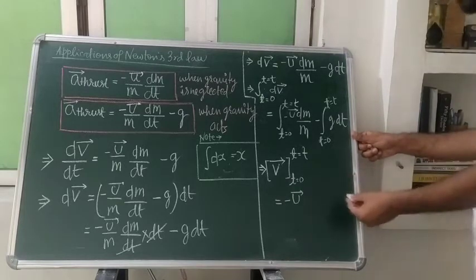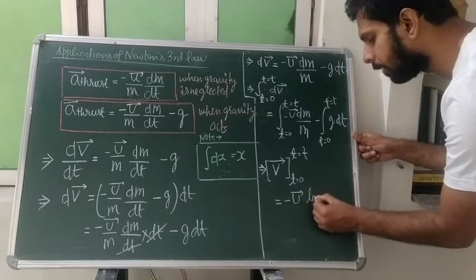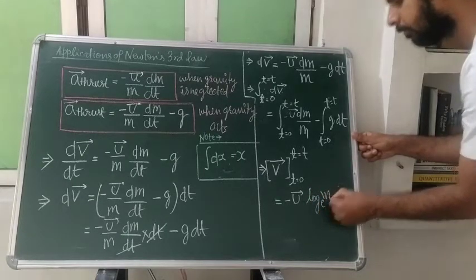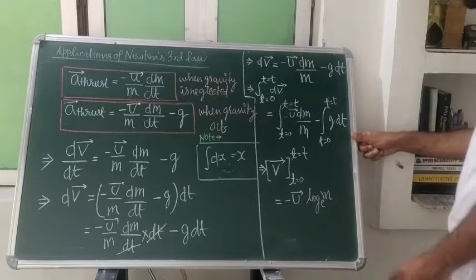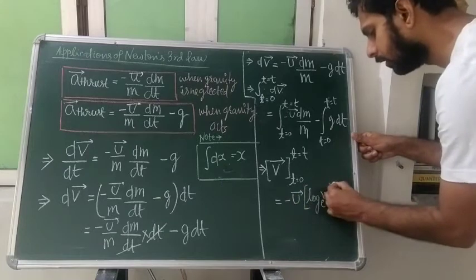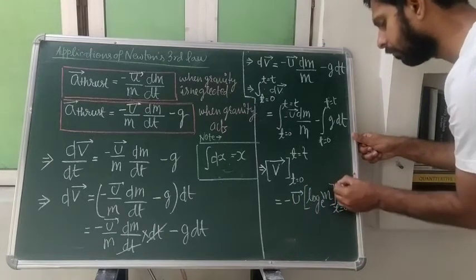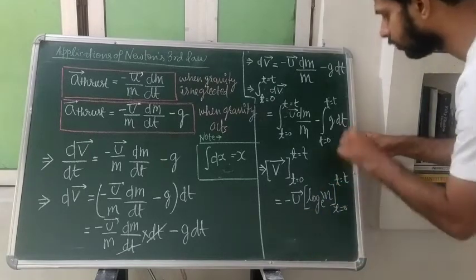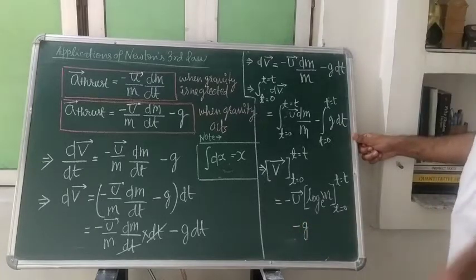And student, this dM upon M will become log base e of M, log base e M from time 0 to time t, and it will give us minus g, acceleration due to gravity is constant.